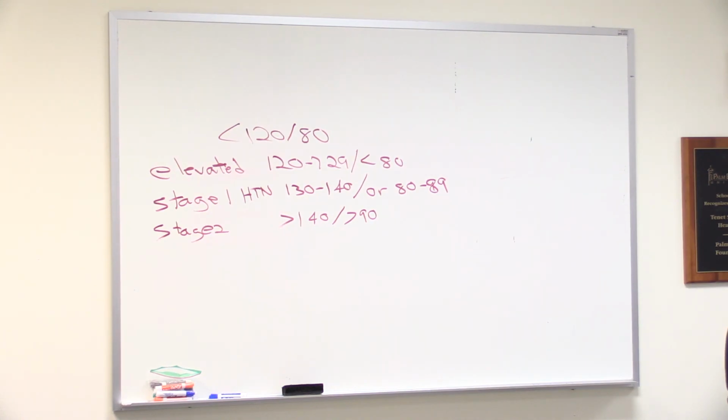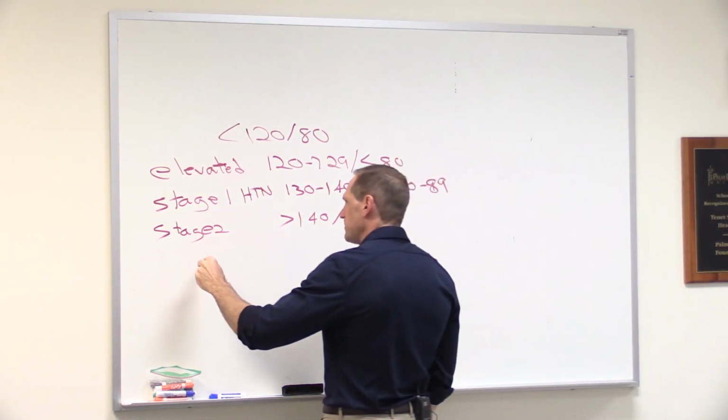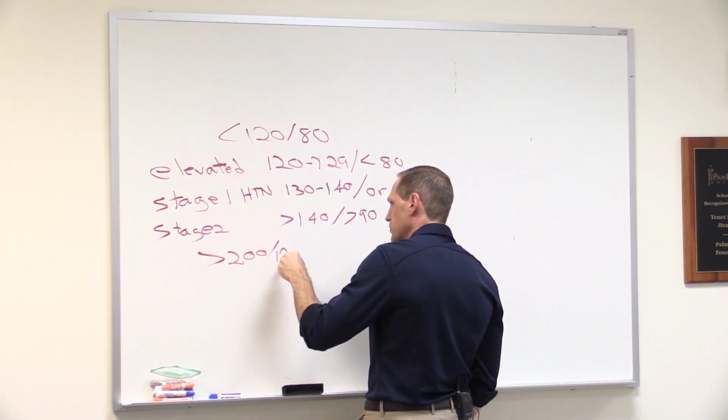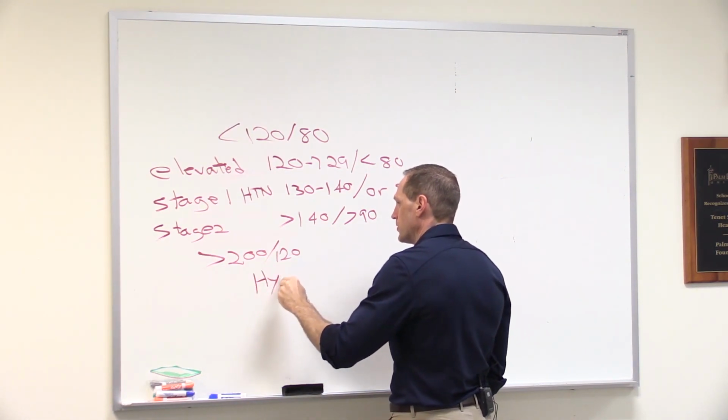Is there hypertensive crisis too, or did they not have it? Yes, we still have hypertensive crisis, and we're about to mention that. So once you get above 200 over 120, we end up with what's called hypertensive urgency.